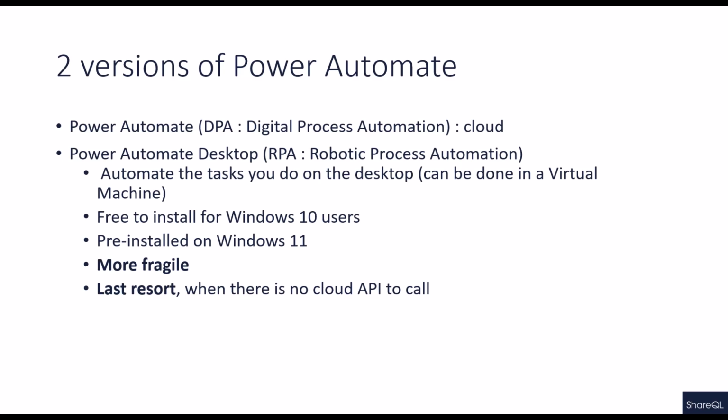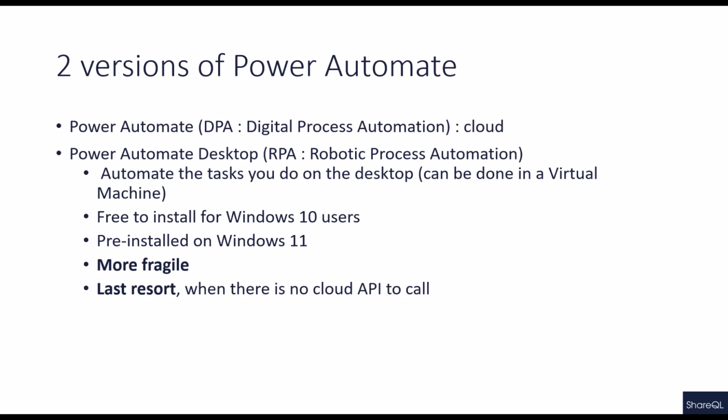With Power Automate Desktop, you can automate tasks that you perform on your desktop. Power Automate Desktop is free to install for Windows 10 users and can be pre-installed on Windows 11. However, Power Automate Desktop is a more fragile architecture and creates more fragile flows.